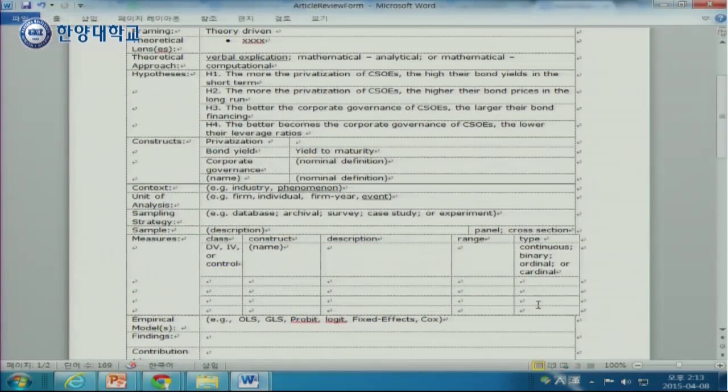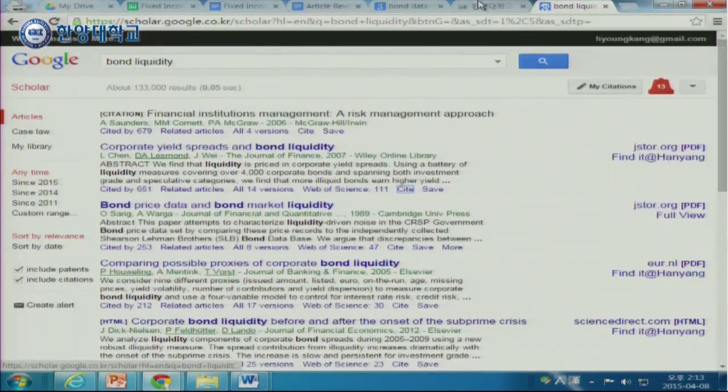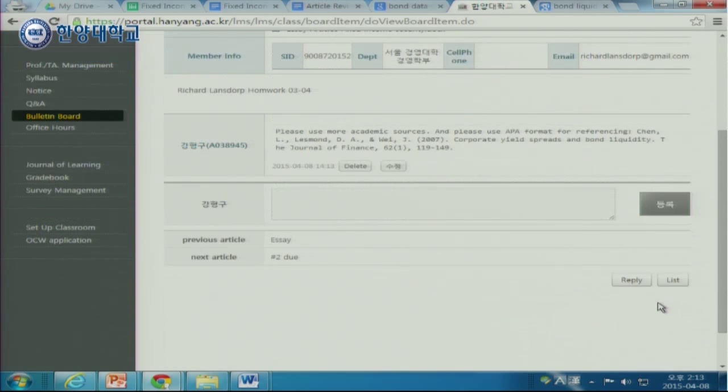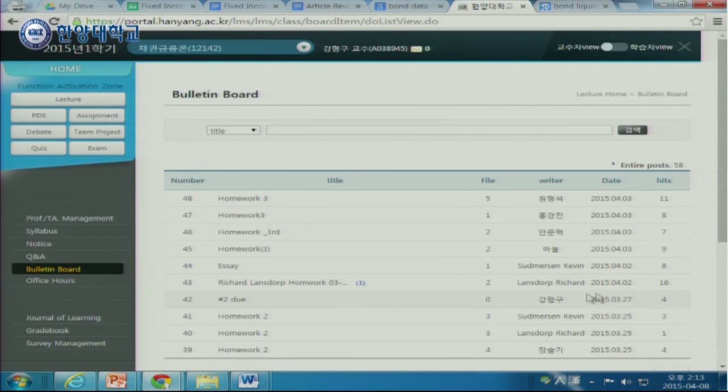Okay. And then once you cite, you mention this one as, in this case, Chen, Desmond, Wei 2007, something like that, in the parentheses. And then Hanel.